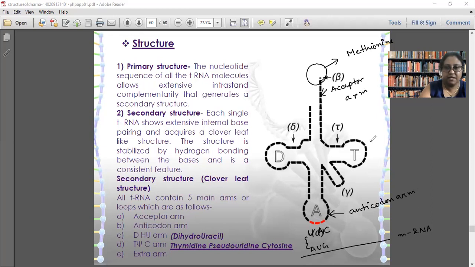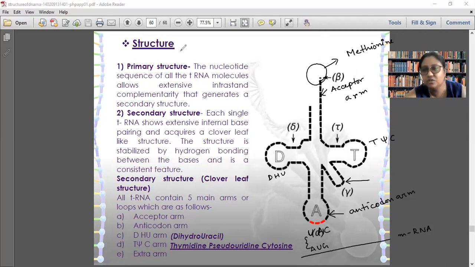Then there will be the TψC arm. There will be the DHU arm. And this arm specifically is optional. It may be present, it may not be present. It's not always present in all tRNA. So this is how the structure of tRNA looks.